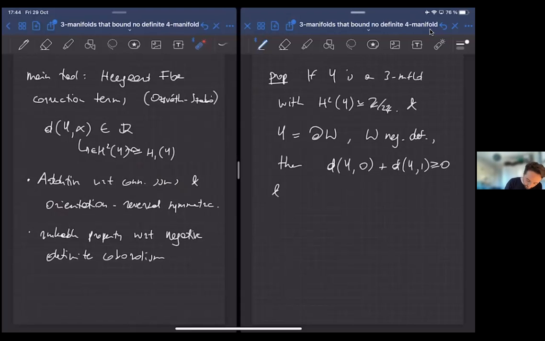And moreover, if equality holds, then d(Y,0) is either plus 1/4 or minus 1/4.